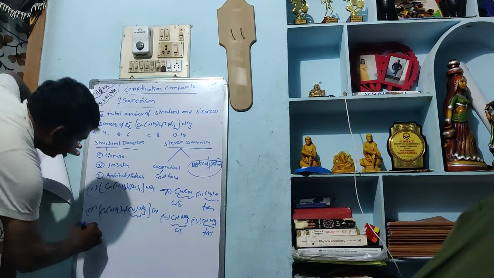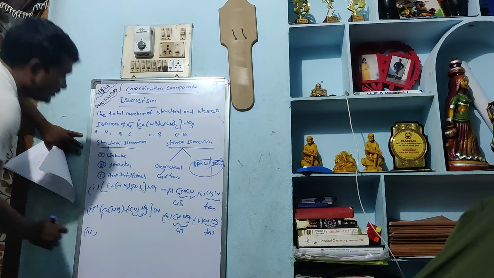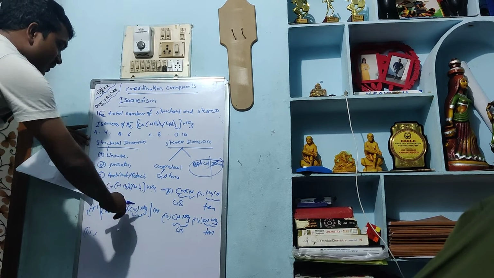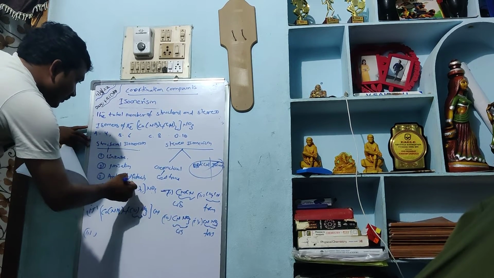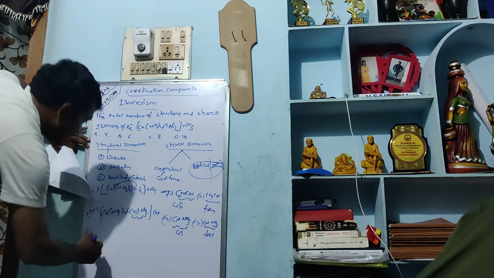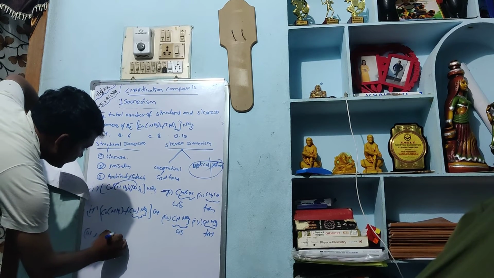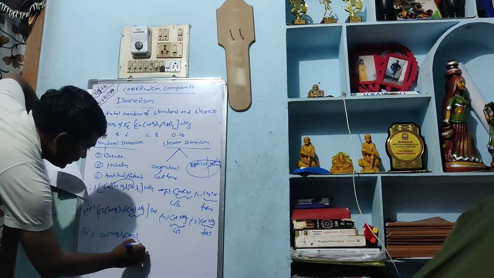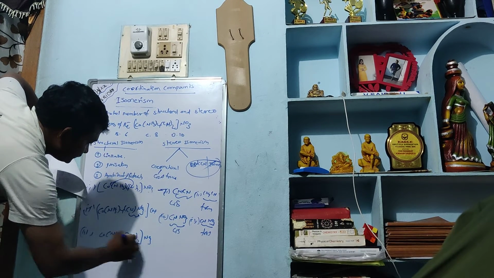If you take the third option, linkage: this is ionization, where we exchange. Next we consider linkage, which is different. Nitrogen is attached to the central metal: cobalt, tetraammonia, NC, NO3.